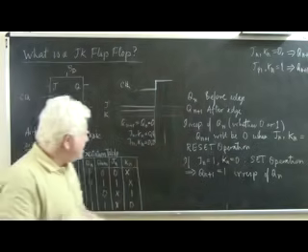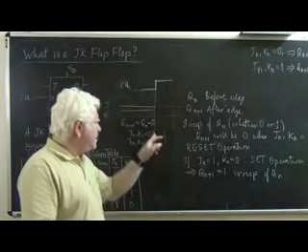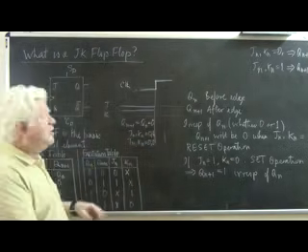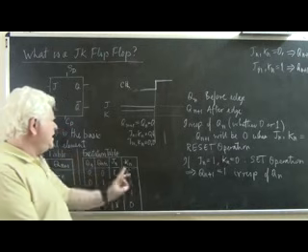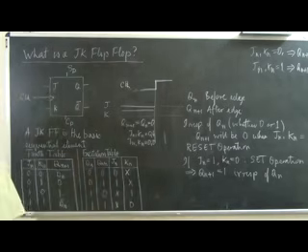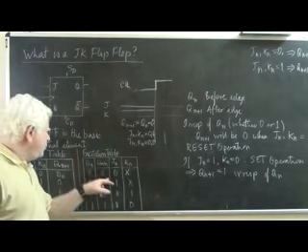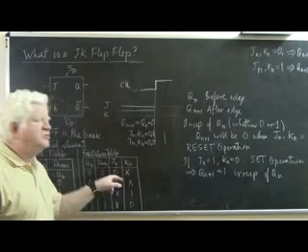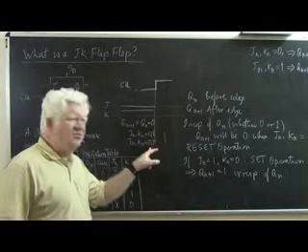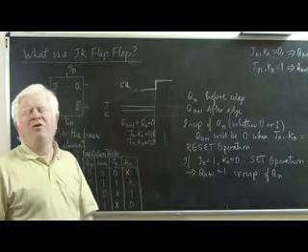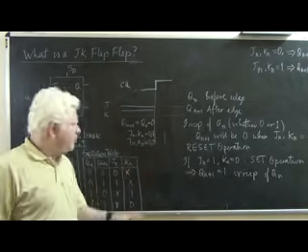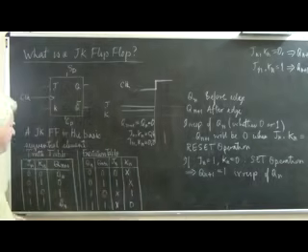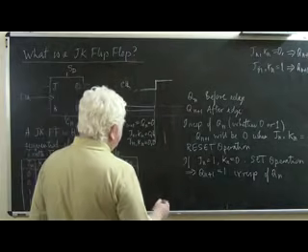In short, Jn has to be 0. Kn can be either 1 or 0. That is, Kn can be anything. This means that the Jn and Kn entries in the excitation table against Qn equal to 0 and Qn plus 1 equal to 0 would be 0 for Jn, because it has to be 0 in either case, and x for Kn. In the same way, we can look at the other possibilities.